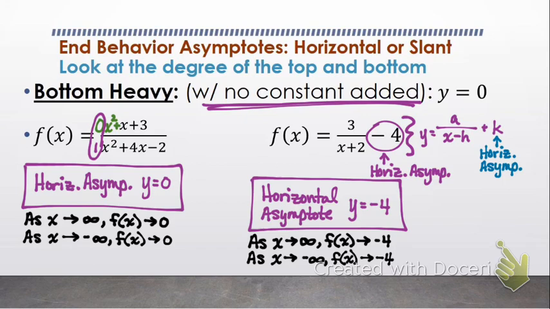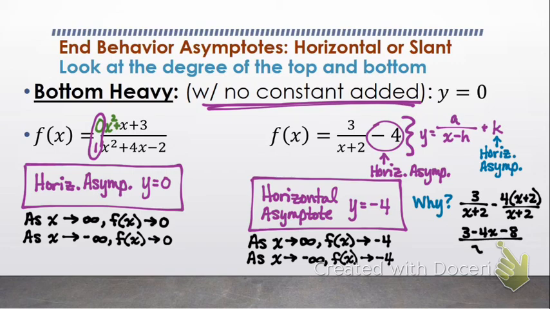You might be wondering why that is or how that can fit with what we've talked about before. So let's look at that real quick. And the reason for that is because if I put it back into quotient form, so I give it a common denominator, and I simplify that, I would end up with negative 4x minus 5 over x plus 2.